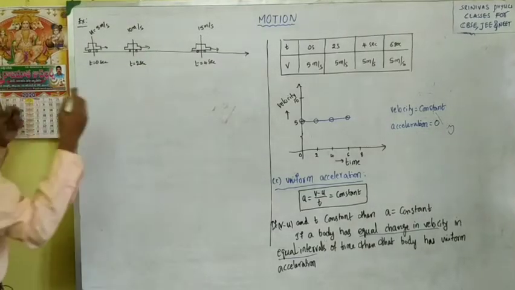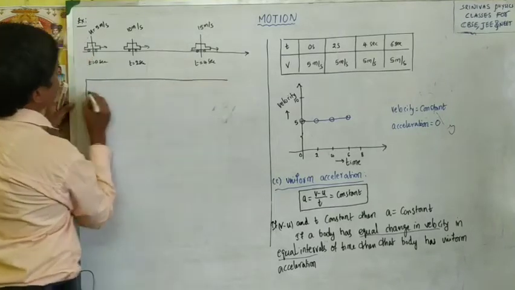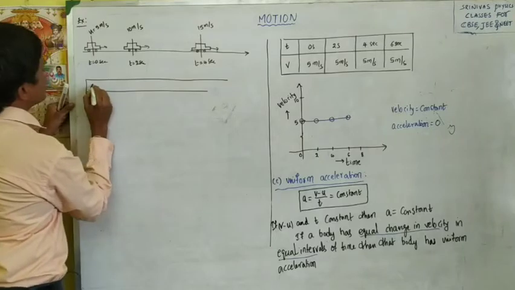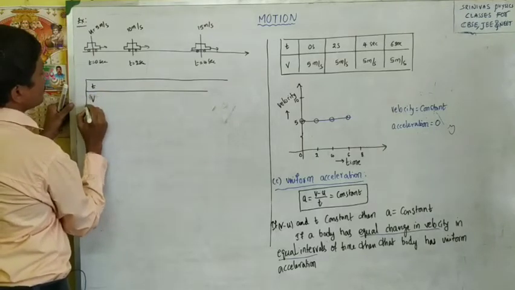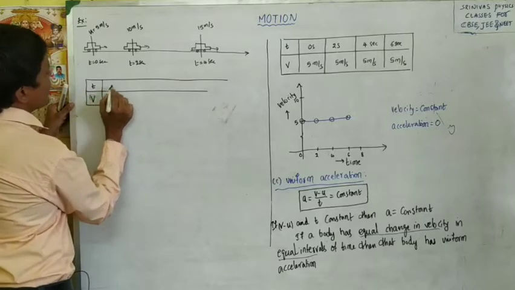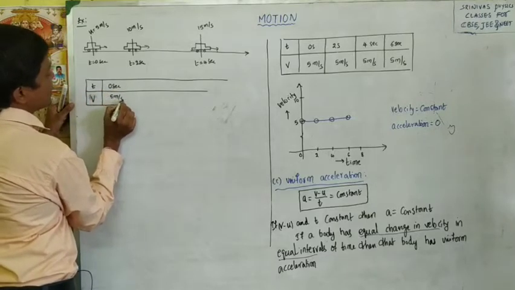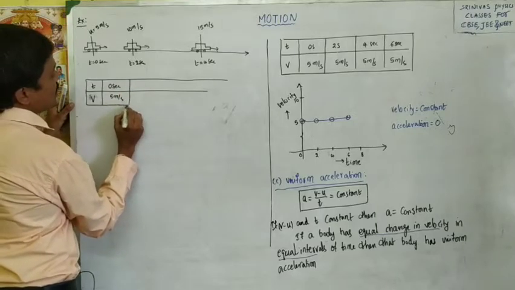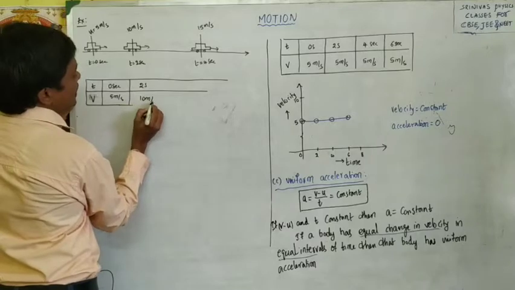Now let us see. In this uniform acceleration, if we take the values to draw the graph, this is the time and this is the velocity. At 0 seconds, the velocity of the object is 5 meter per second. After 2 seconds, its velocity is 10 meter per second.